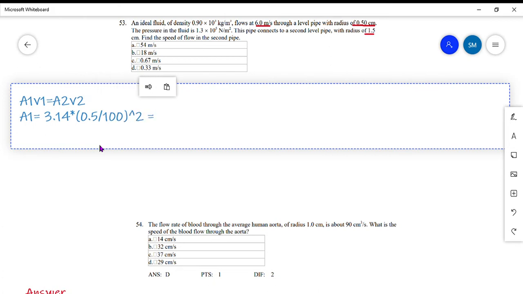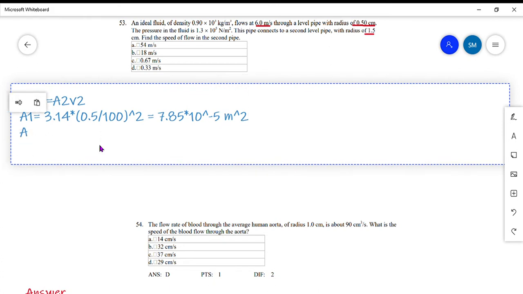So A1 is 7.85 times 10 to the power negative 5 meter squared. After this, A2, the same rule, pi r squared, 3.14 times 1.5. We will convert it from centimeter to meter: 1.5 over 100, all of this to the power 2.